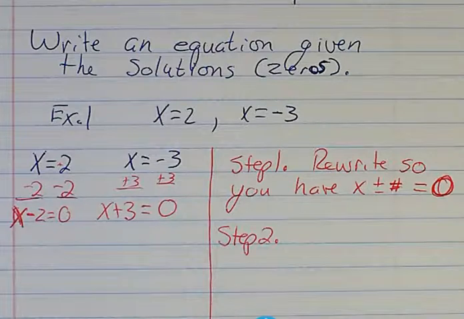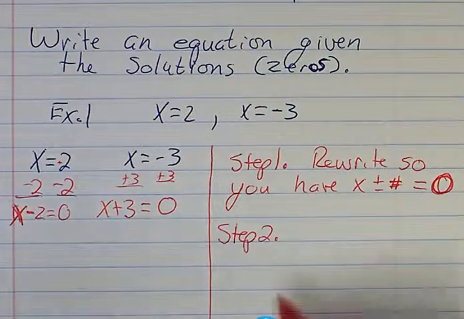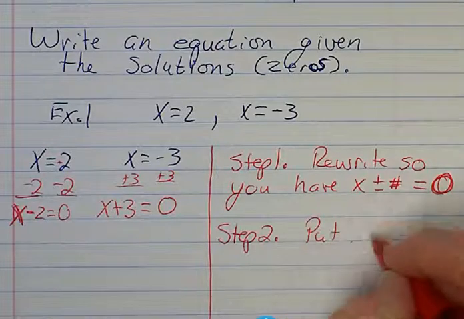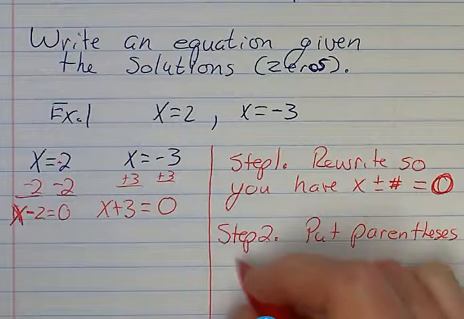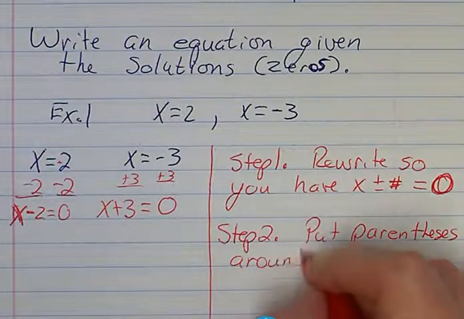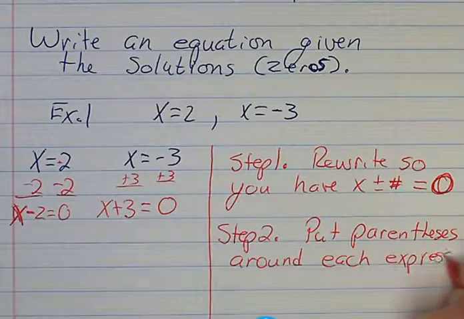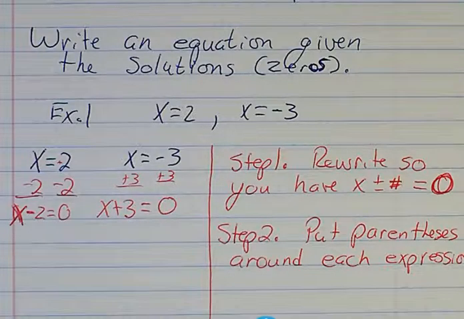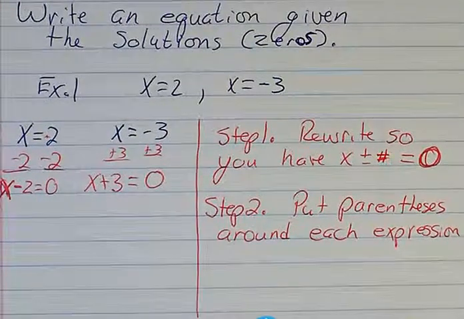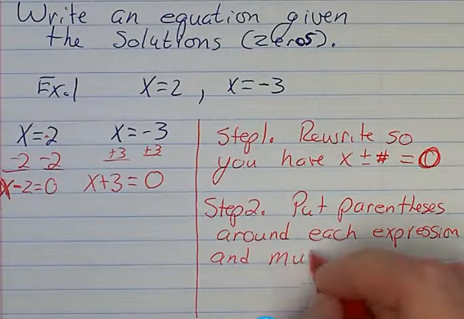Okay, for step 2, and it's a very short step 2: you're going to put parentheses around each expression, because where we had solutions up here, now we've got expressions. We've got x plus 3 and x minus 2. So we're going to put parentheses around each expression and multiply together.